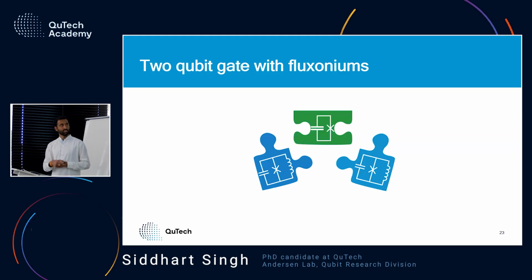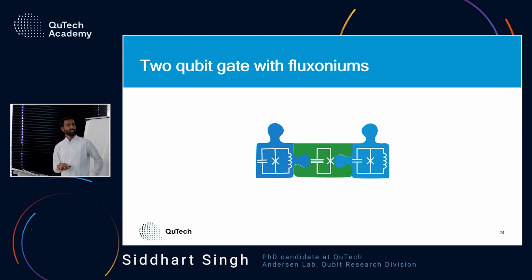So we chose to do this with a transmon in between. Why transmon? Because transmon frequency is a few gigahertz, and the fluxonium frequencies are a few hundred megahertz, let's say. So this is how we will do a 2-qubit gate using a transmon in between.